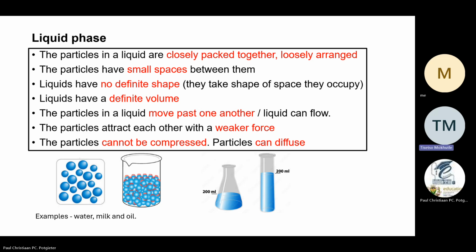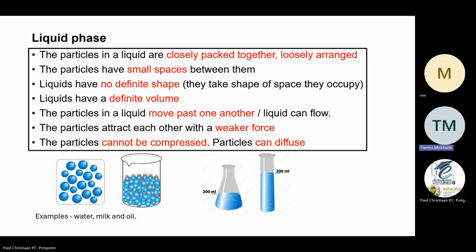The particles have small spaces between them. Because they have small spaces between them, the particles of a liquid are able to slide past each other, and we can say they flow.